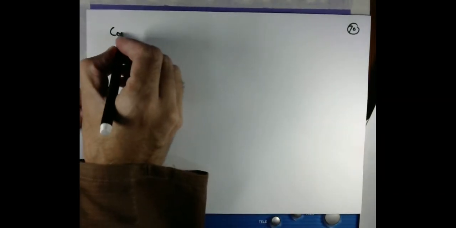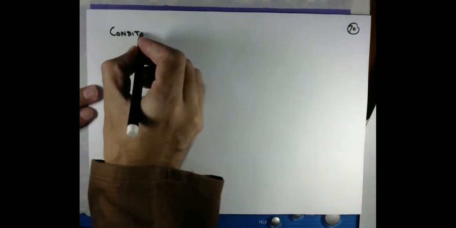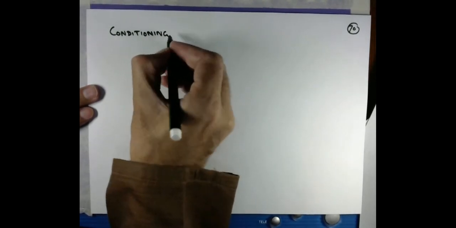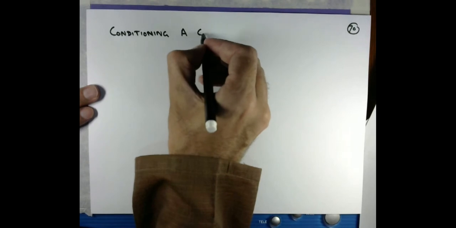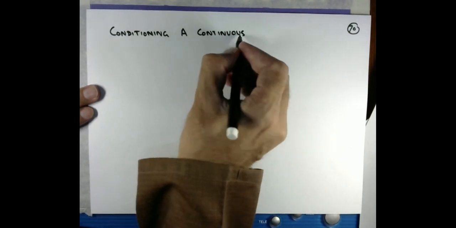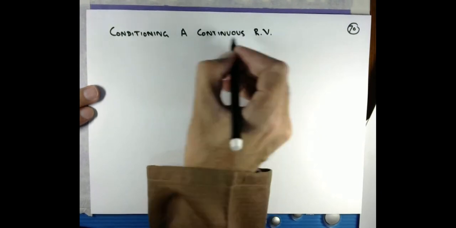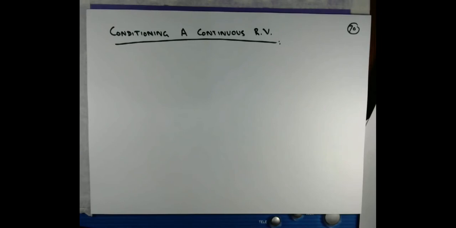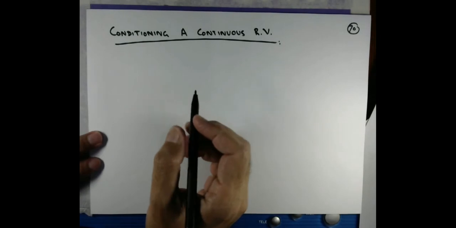This is easy. If you know the concepts of conditioning a discrete random variable, then this should not be a big deal.